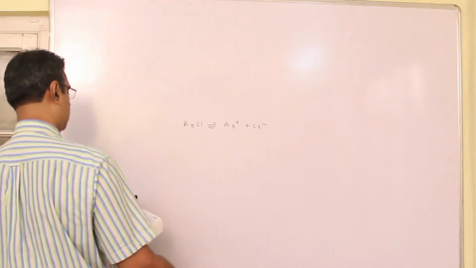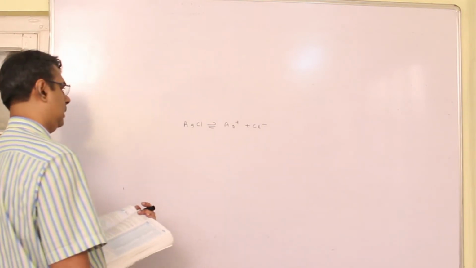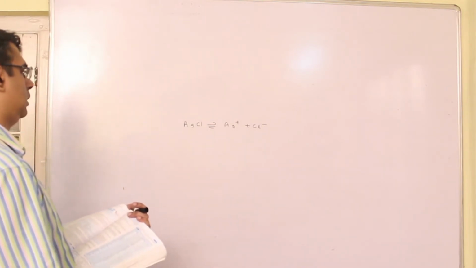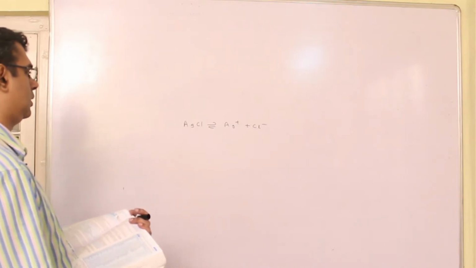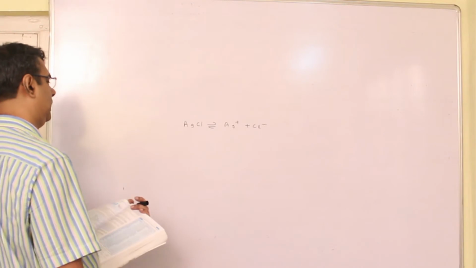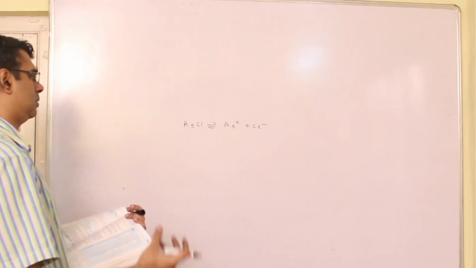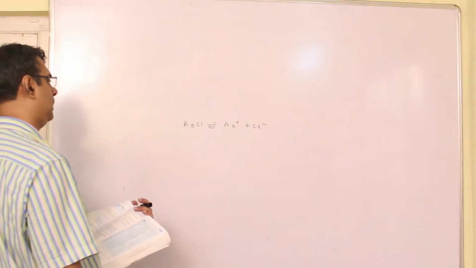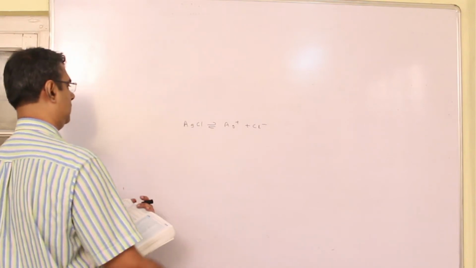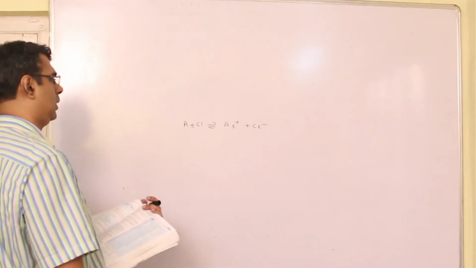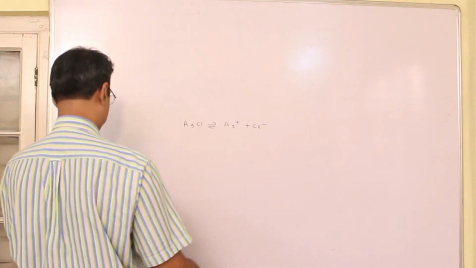Now if you consider the dissociation of AgCl, AgCl is not a salt which will dissociate; in fact, it tends to precipitate out of the solution. Since the dissociation is very, very poor, there will be an ionic equilibrium between the ions and the undissociated salt, right? So this is also an example of chemical equilibrium.